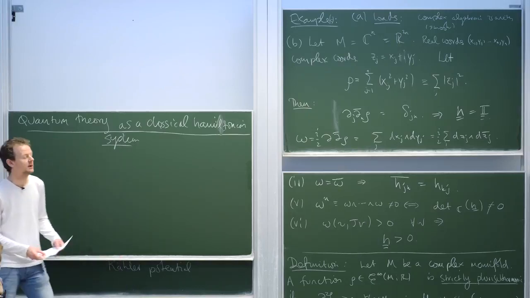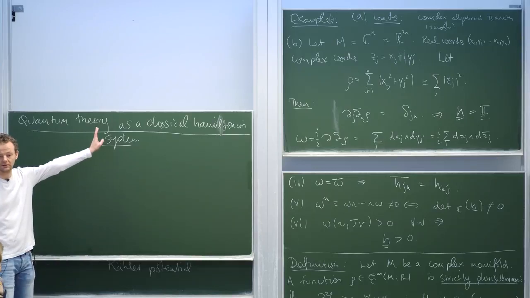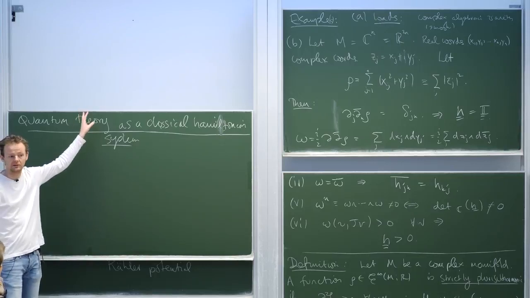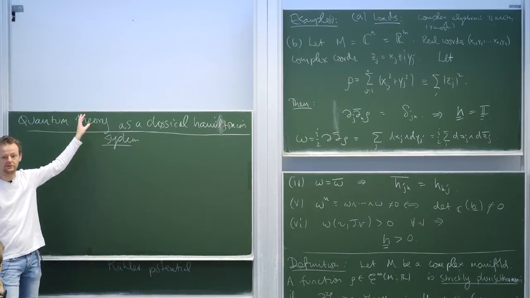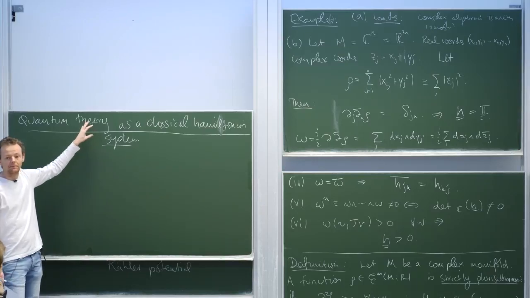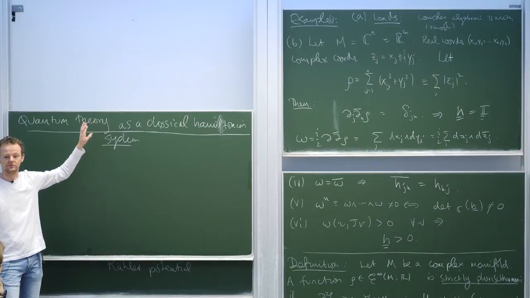It's not possible with the structure I'm going to tell you about, because what I'm going to show you is that quantum theory indeed can be regarded as a flow on a symplectic manifold, so really legitimately a classical theory, but it's a hugely non-local theory depending on local observables.